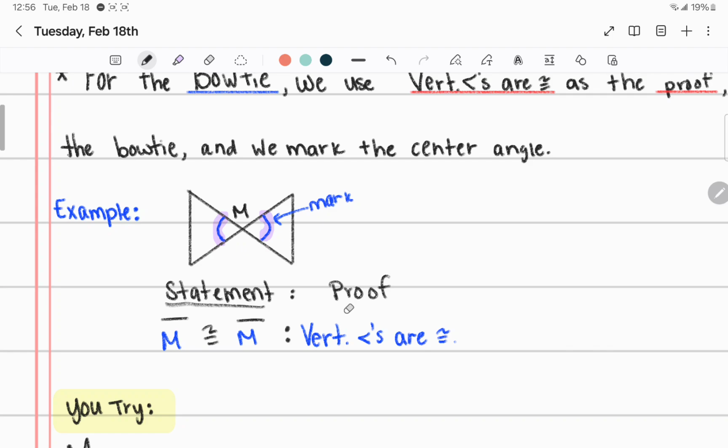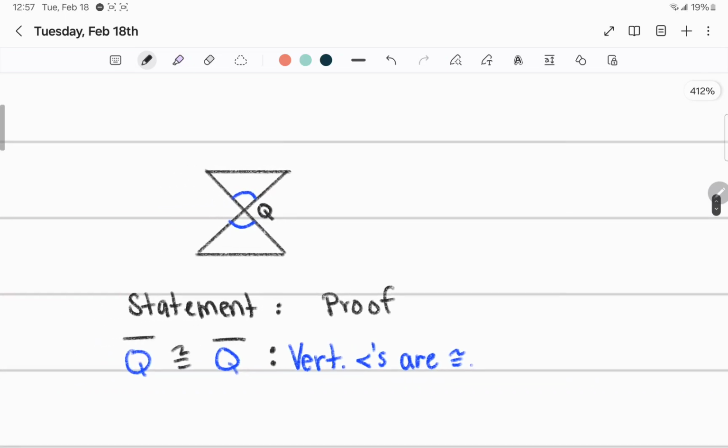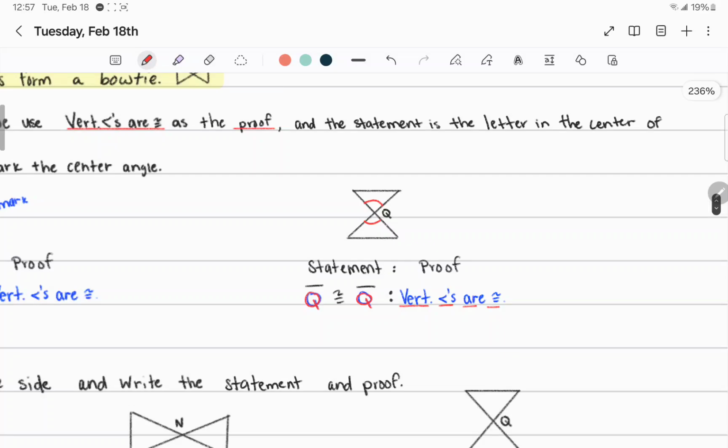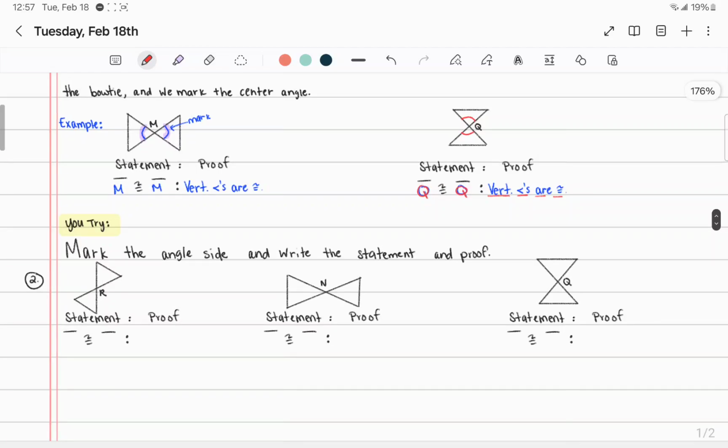Okay, let's look at this one over here. Same thing. This is my bow tie. It's just standing up. So again, I already marked it. When I give this to you, it's going to look like this. You have to mark it, and then whatever letter is there, you write it, and then you write vert angles are congruent. So that would be your turn.